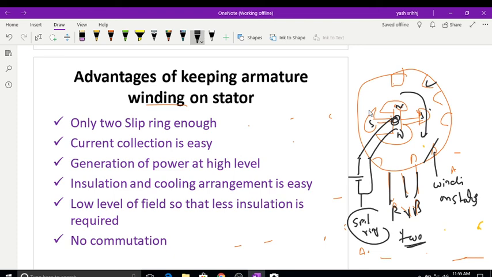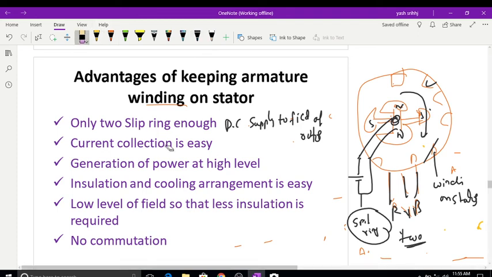So if you place the armature winding on the stator, what are the advantages? Only two slip rings are used to give the DC supply to the field of the rotor, instead of six slip rings.